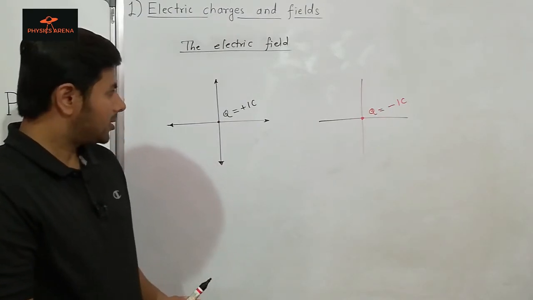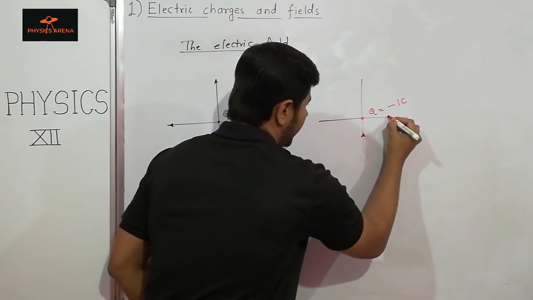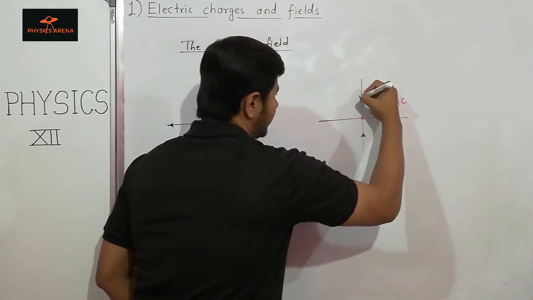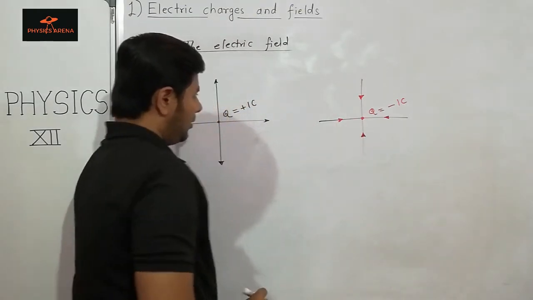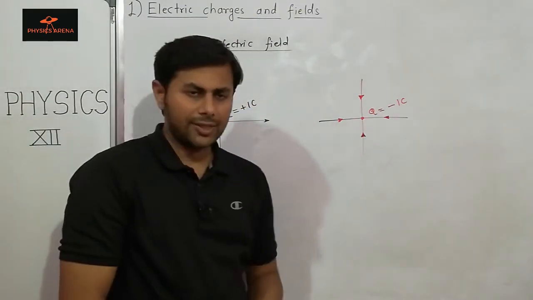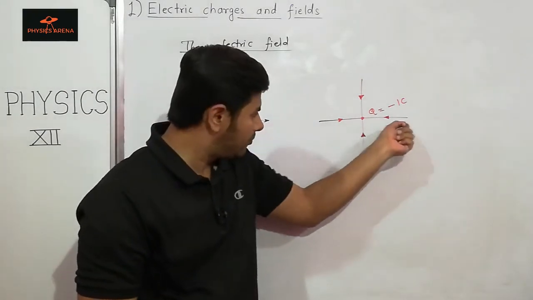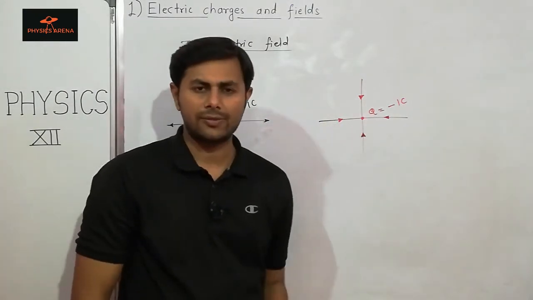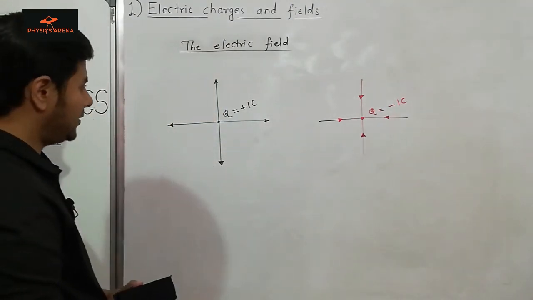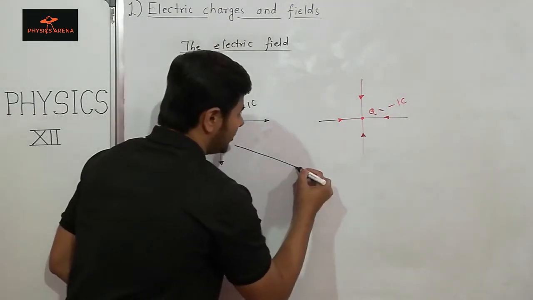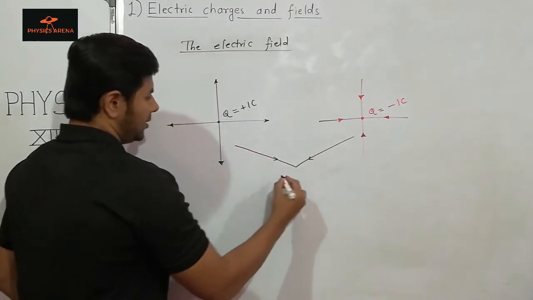But the difference here will be these lines will have these arrows pointed radially inwards, because the test charge put somewhere surrounding this charge will be pulled radially inwards. So because these lines show direction of electric field, we call these lines electric field lines.